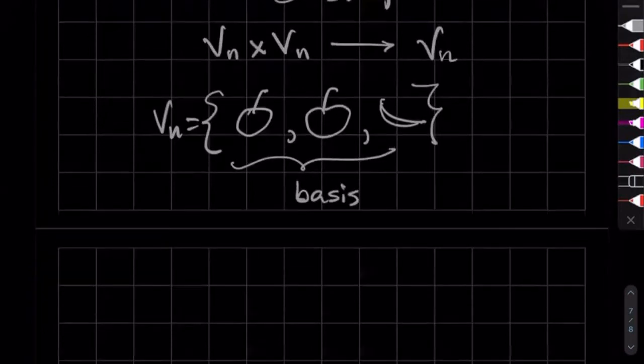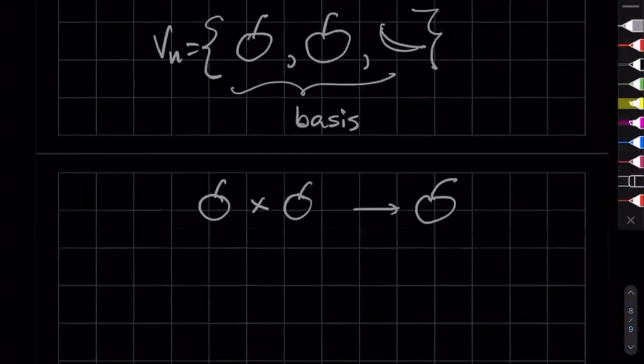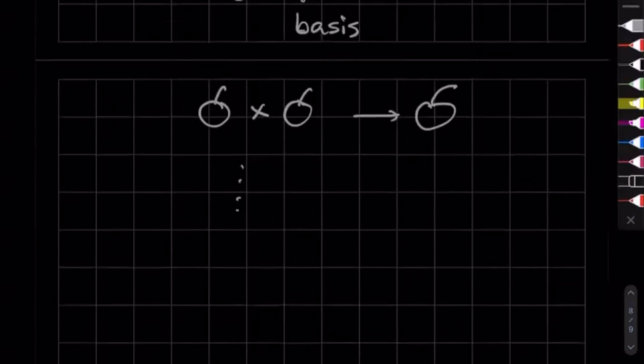Then you can just say, if I take two oranges, I get, say, an apple, and you can define some product. All I'm trying to say is that the product can be some arbitrary weird thing I don't care about. It just makes the set into an algebra.